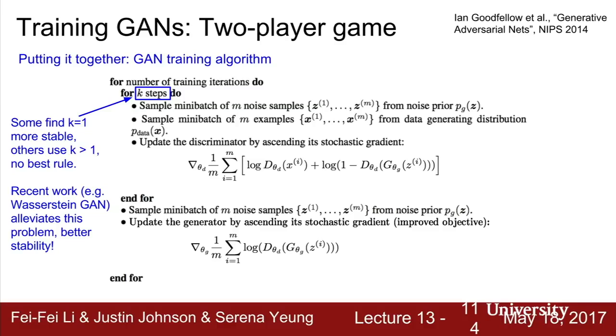One thing I want to point out is that there's been a lot of recent work that alleviates this problem, so that you don't have to spend so much effort balancing the training of these two networks. It'll have more stable training and give better results. Wasserstein GAN is an example of a paper that was an important work towards doing this.